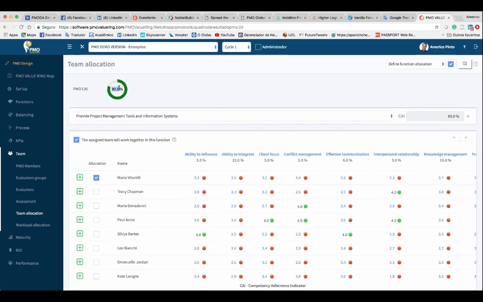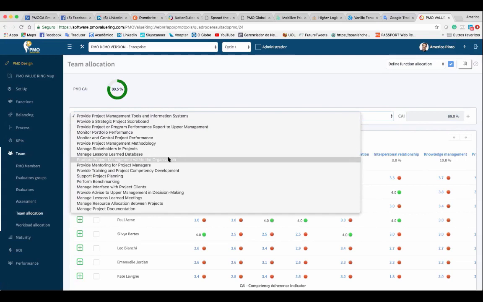The function CAI is a combination of the personal CAIs of the members that you decided to assign to the PMO, okay? And the PMO CAI, this number here, is just an average of all function CAIs, these numbers here, okay?